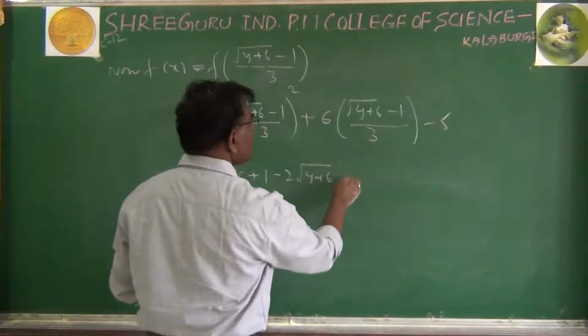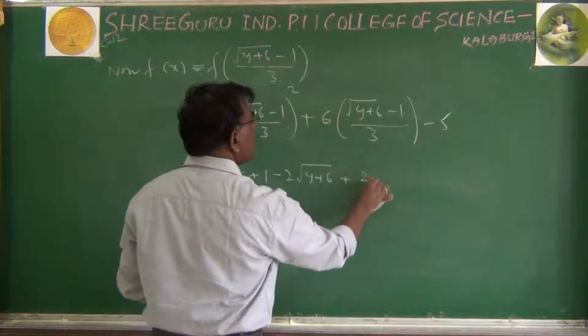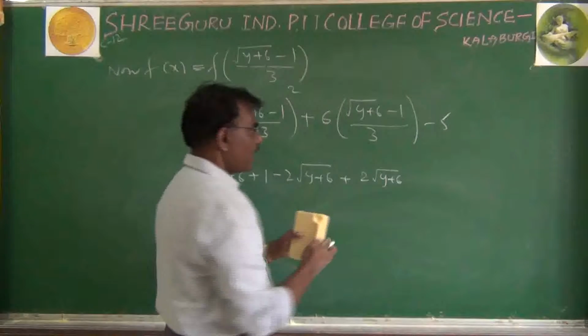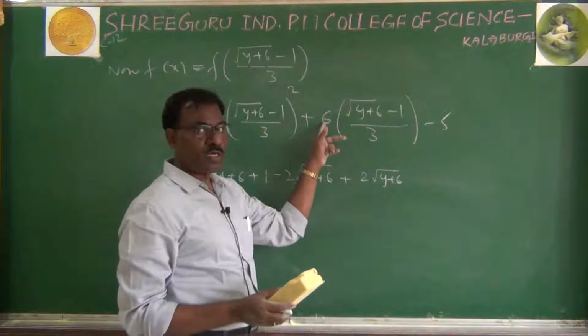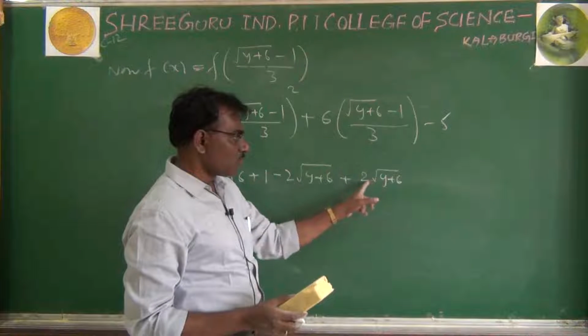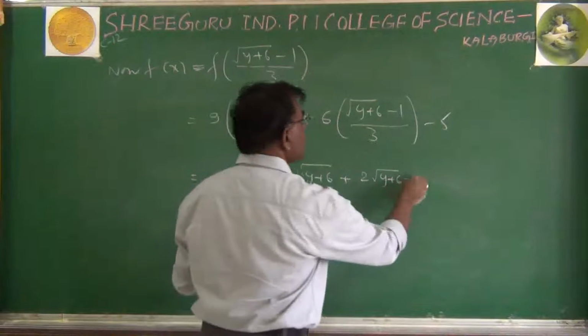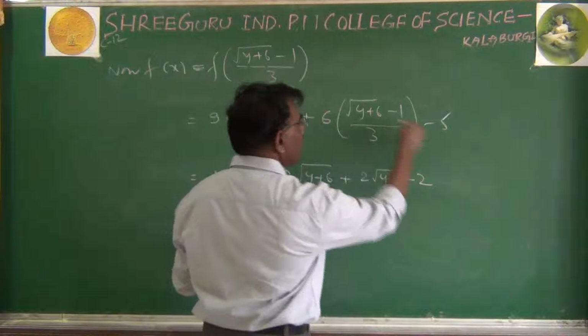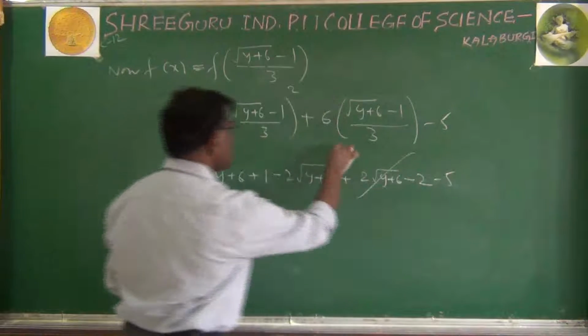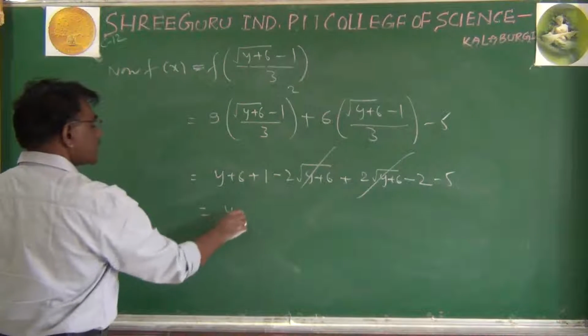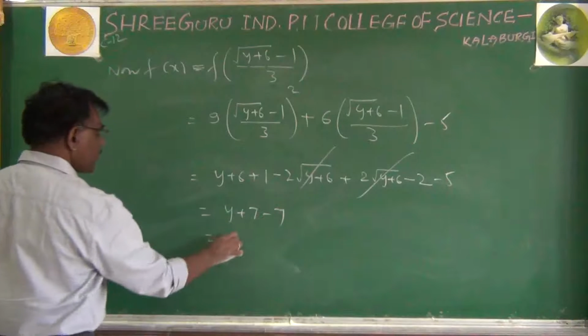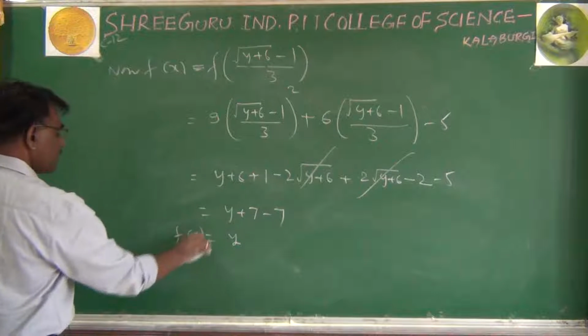And here 3 and 3 cancel, 2 root y plus 6. Multiply by 2: 2 root y plus 6 minus 2, because 2 into minus 2 minus 5, plus and minus cancel, y plus 7 minus 7. So what is y? So f of x equal to y.